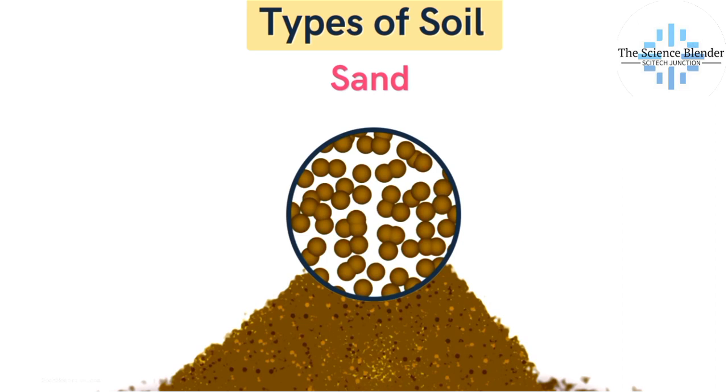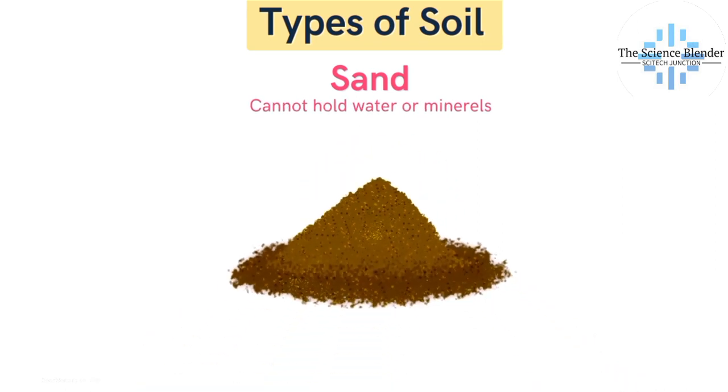What's the reason? Actually, the biggest reason is the size of the particles and the spaces among them. That's the basic reason that sand cannot hold water or even minerals. And this type of soil is not suitable for plant growth.